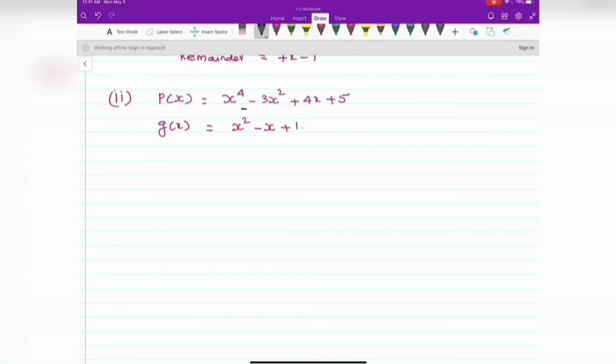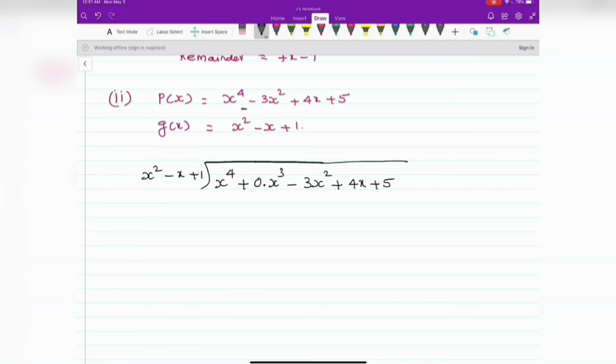Let's do it now. x power 4 plus 0x cube, minus 3x square plus 4x plus 5. I have to divide this polynomial by x square minus x plus 1.